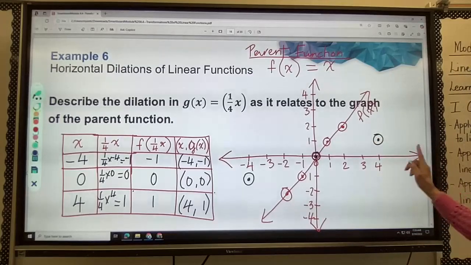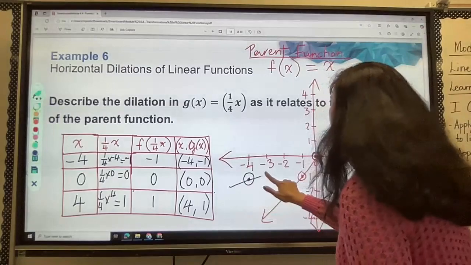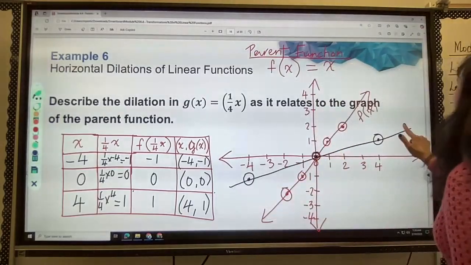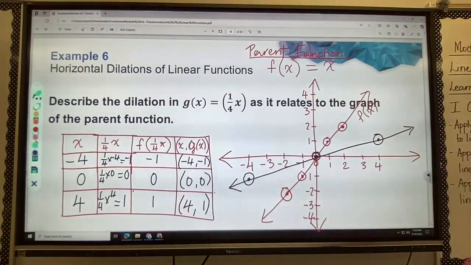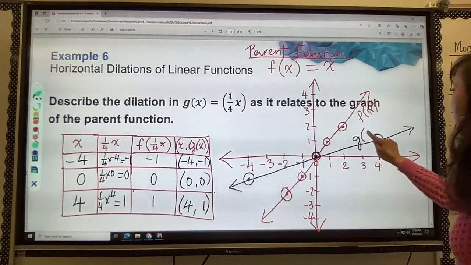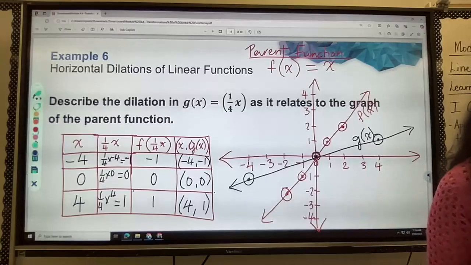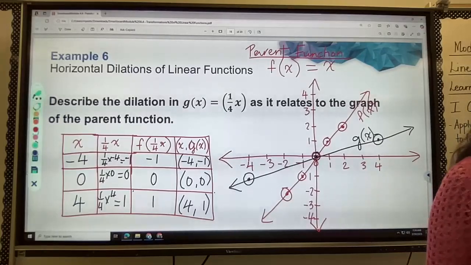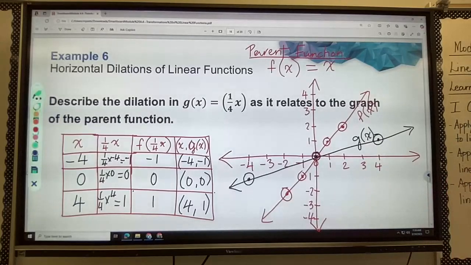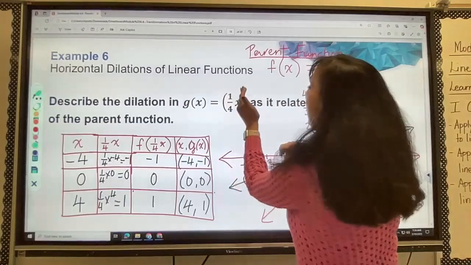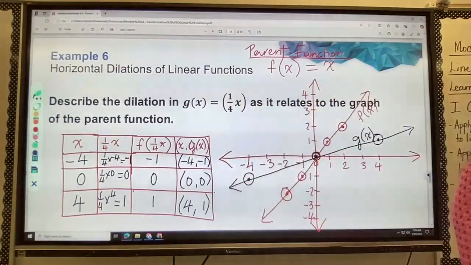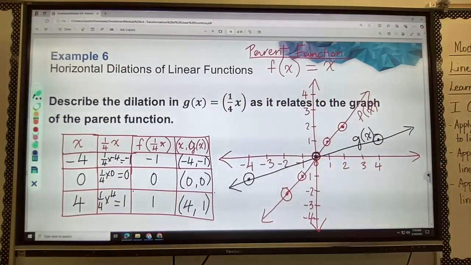And then when I connect, look at the difference of this graph compared to the parent graph. All right, so this one is my g of x. And I can see that the positive constant a is grouped with x. So this is ax. It's grouped together. And a is between what? 0 and 1.